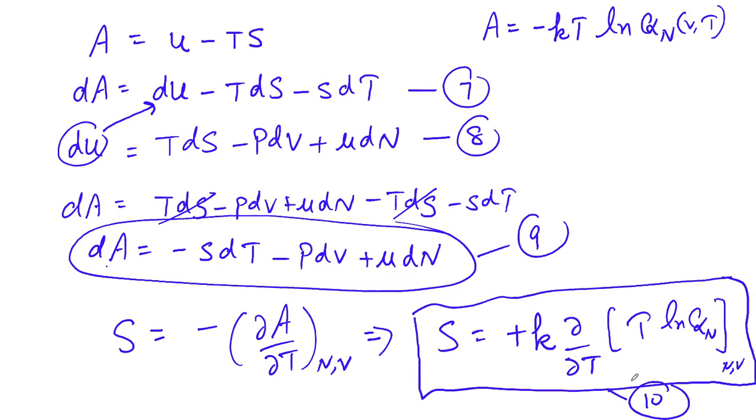Similarly, you can also find out the various other thermodynamic parameters such as pressure and chemical potential. If I take the derivative of this Helmholtz energy with respect to volume, I can calculate the pressure value, and if I take the derivative with respect to N, I can calculate the chemical potential.